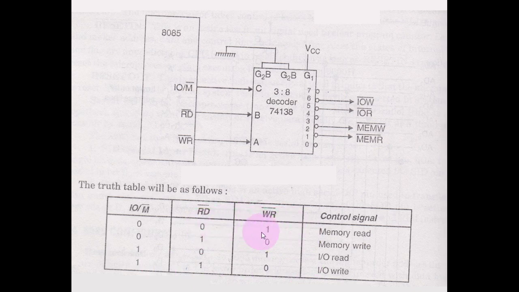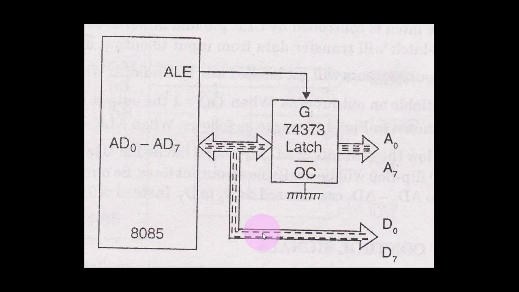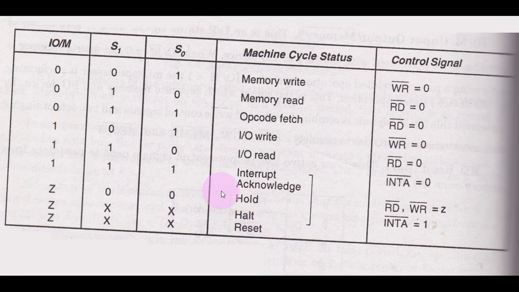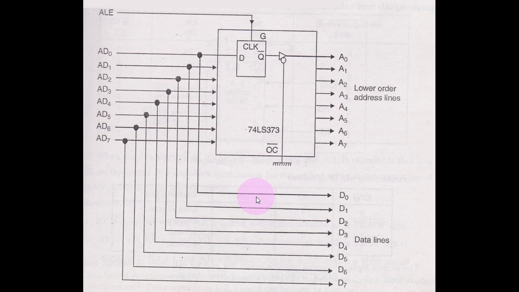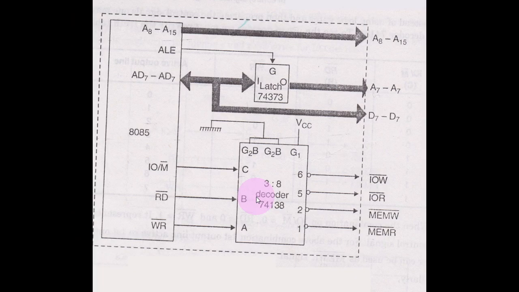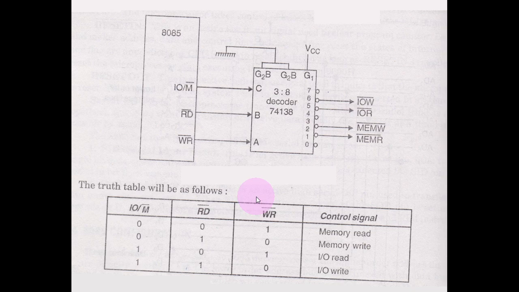You are reading and writing simultaneously, so that does not correspond to anything. But as per the bigger table that we have seen here, that has some different interpretation, 0 0, and this z is don't care, so it will be in the state of hold. So if you want to use that for the hold signal, you can use the output of this particular decoder, right?